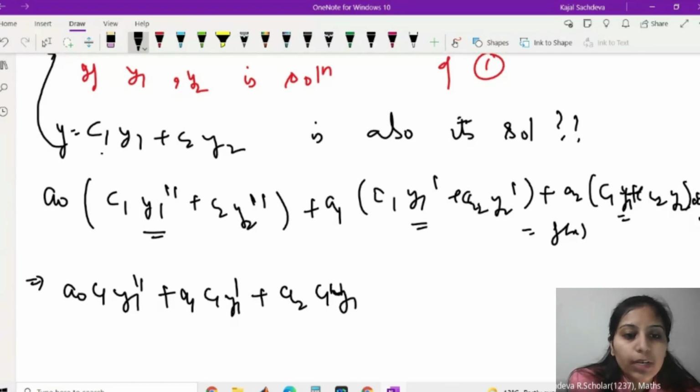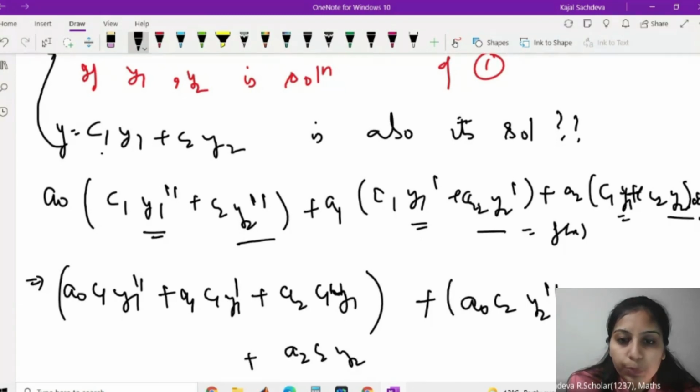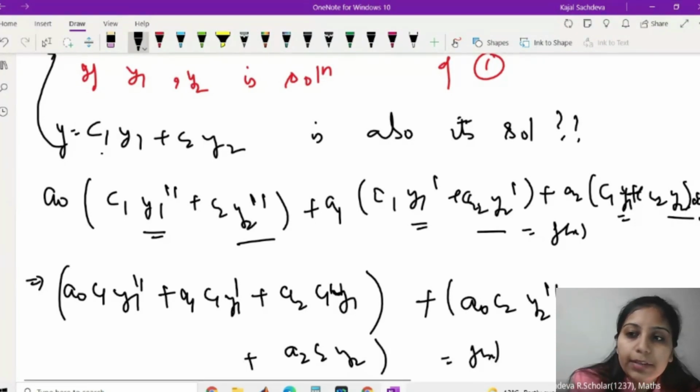So how will we find it? Just collecting y1 terms and now collecting y2 terms: a0 c2 y2'' + a1 c2 y2' + a2 c2 y2 is equal to f(x). As you have said, y1 and y2 are solutions.